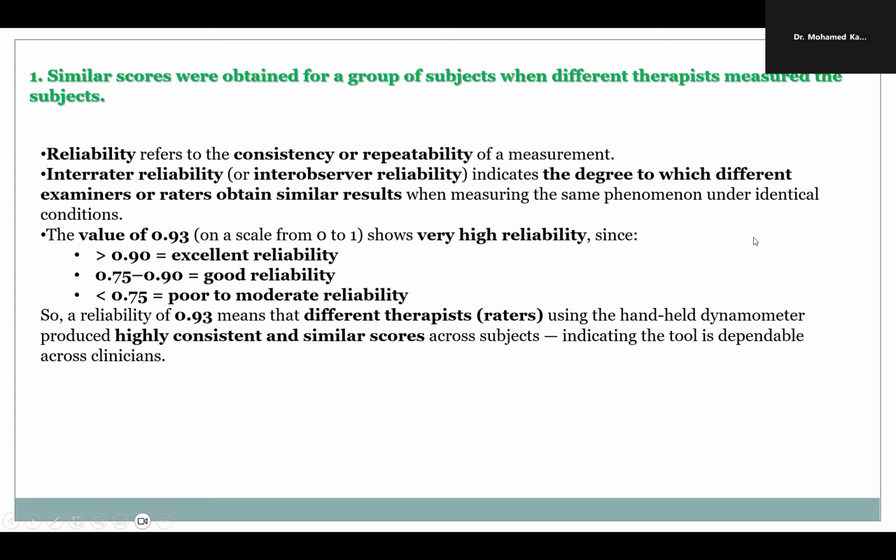So it is the same conditions, different researchers, observers, or therapists doing the same experiment and getting similar results.